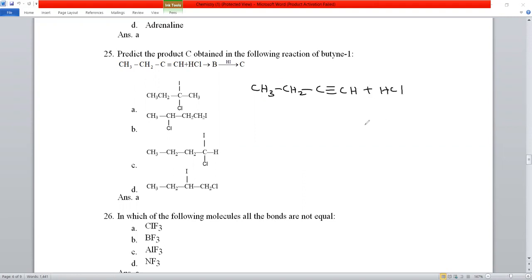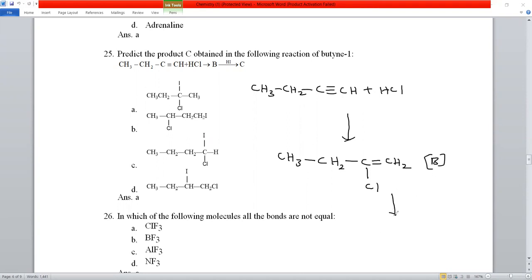First we have to apply Markovnikov's rule. According to Markovnikov's rule, the hydrogen adds to the carbon having more hydrogens, and here I have to keep the chlorine. This is the compound B we got.